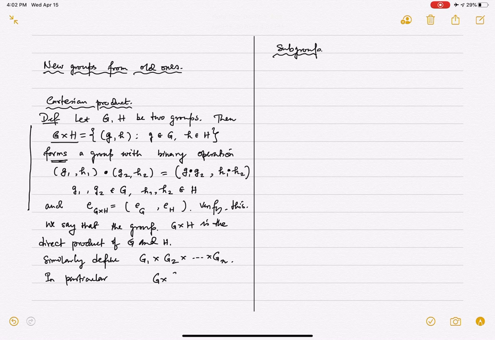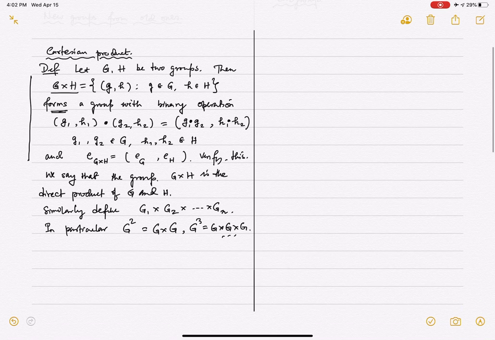you now have groups like G cross G, which we call G squared, and G cross G cross G, which is G cubed, and so on. A special case of this you might have seen if you have looked at vector spaces.